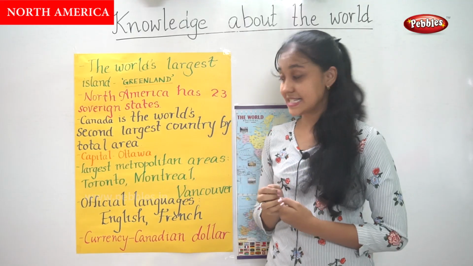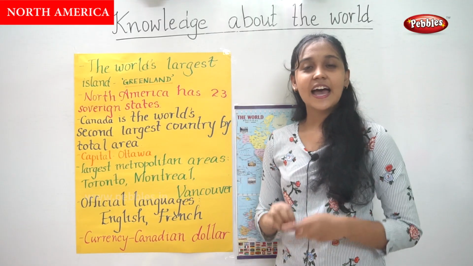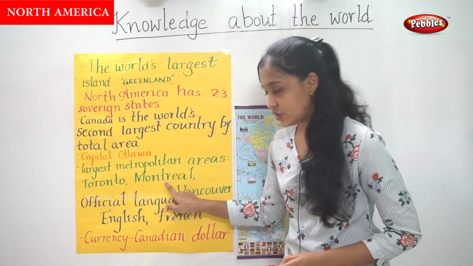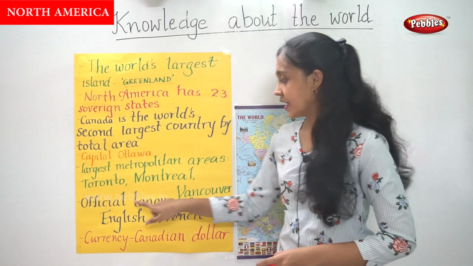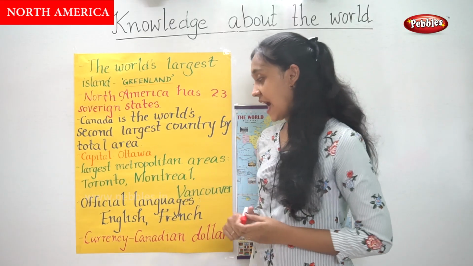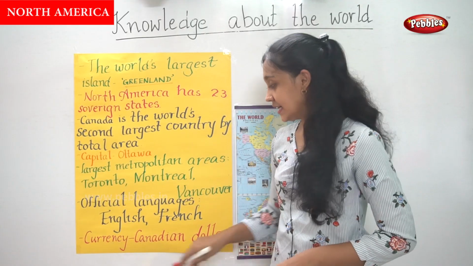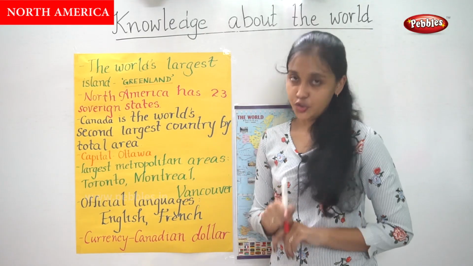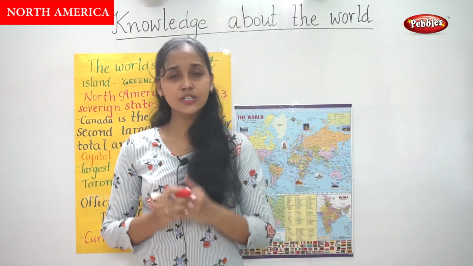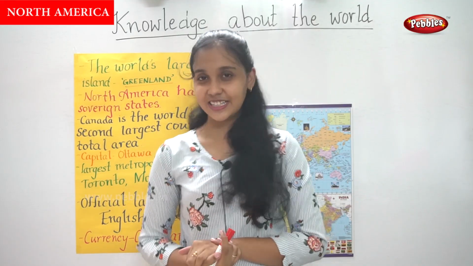Some other cities there. So you might have heard the names of these cities and now you know where they are situated. So Toronto, Montreal, Vancouver. The official languages here are English and French. And the currency they use is the Canadian dollar. So I hope you have now gained some knowledge about Canada. So are you ready to move on and learn about the other countries as well?